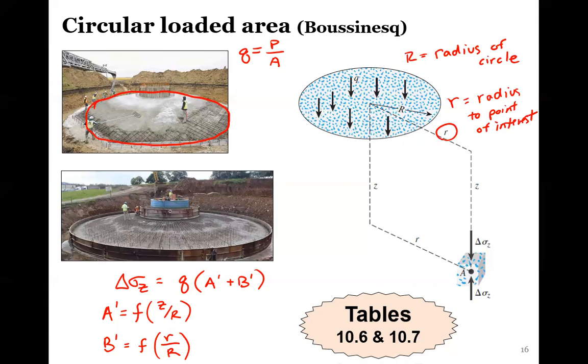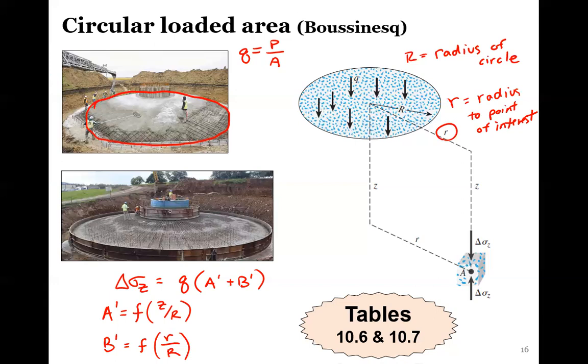So make sure to make those two distinctions. Uppercase R is the actual structural load, our footing, our water tank, whatever. That's physically what is there. Lowercase r is that theoretical radius to whatever point we care about on the ground surface.